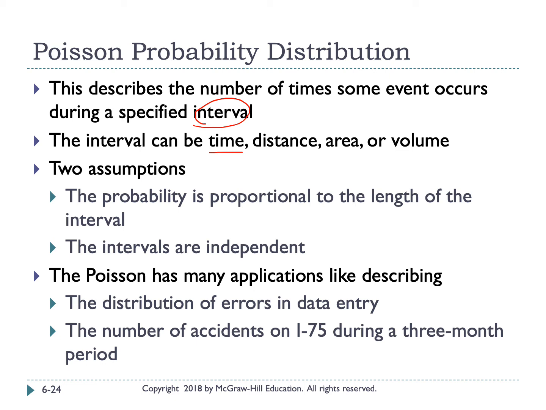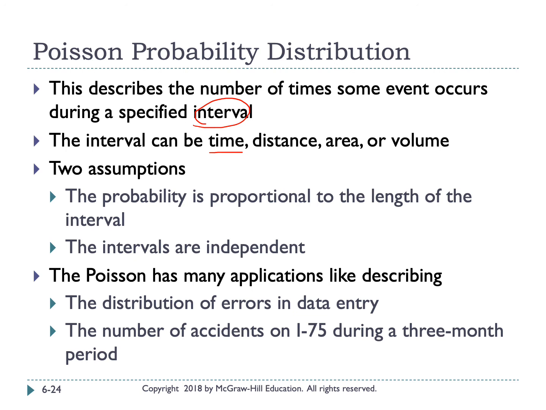For instance, we talk about accidents. If let's say this year you have 100 cases of accidents, next year maybe you will also get 100 accidents or 300 accidents. So the number of accidents that happen this year has nothing to do with the number of accidents that happen next year. So we can say that the intervals, the years, are independent of each other.